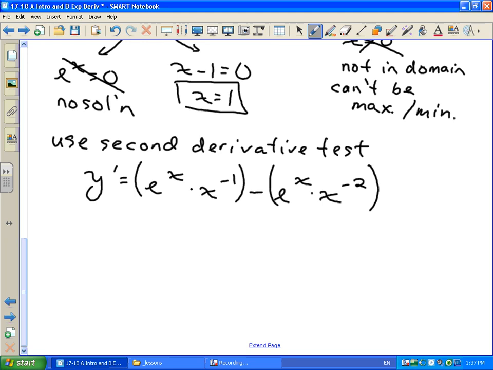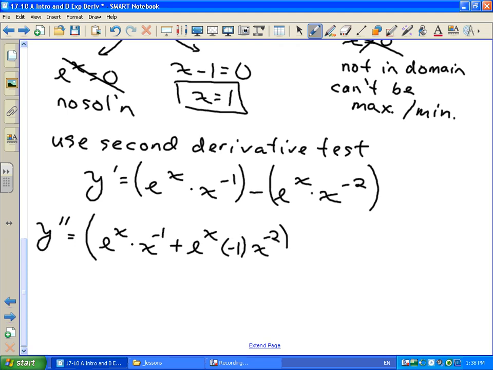Because you can see from this that what we're going to have to do is use the product rule twice. Once on that first bracket and once on that second bracket. So let's give this a shot here. Our derivative is going to be, let's see, u times v, so derivative of e to the x is e to the x times x to the negative 1 plus u, which is e to the x, times the derivative of x to the negative 1, so that's going to give us a negative 1 times x to the negative 2.